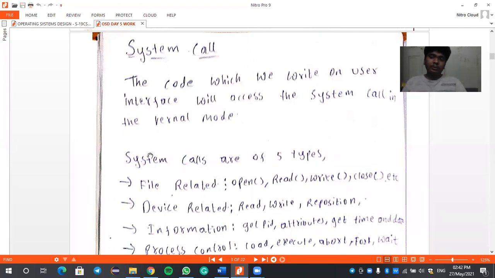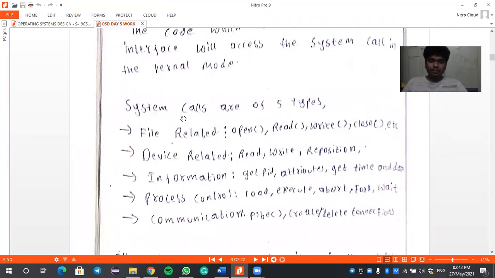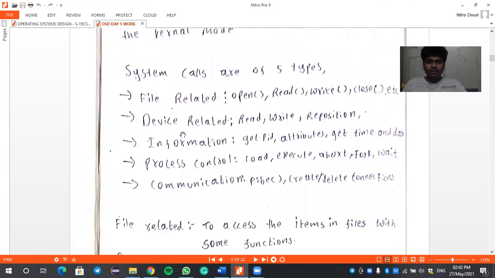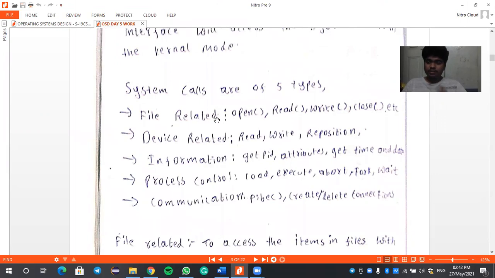So it is a low-level programming language which speaks with the CPU. System calls are of 5 types: file related system calls, device related system calls, information related system calls, process control system calls, and communication purpose system calls. Let us get into each one.